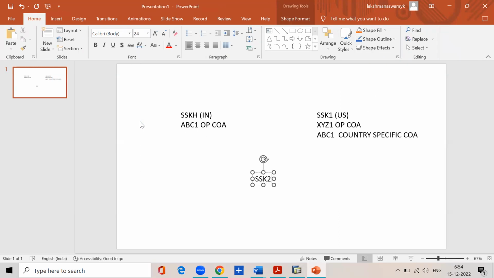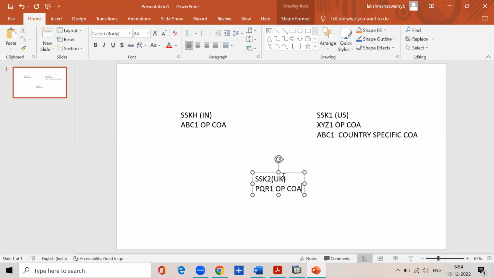Let us say that is SSK2. So this is in UK. Now, this SSK2 company code has to prepare the financial statements according to the legal requirements of the UK Companies Act. In that case, again, it has to maintain a set of GL accounts to meet the UK Companies Act requirements. Let us say that is PQR1. This is the operational chart of accounts for the UK company code.